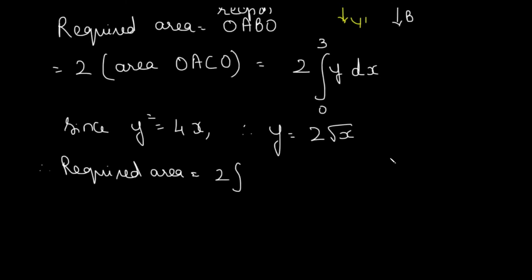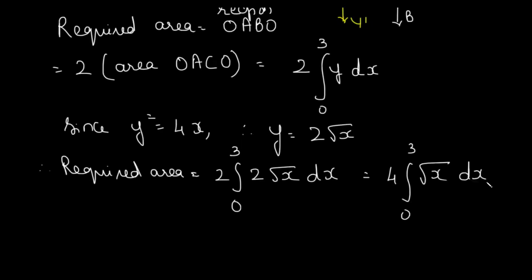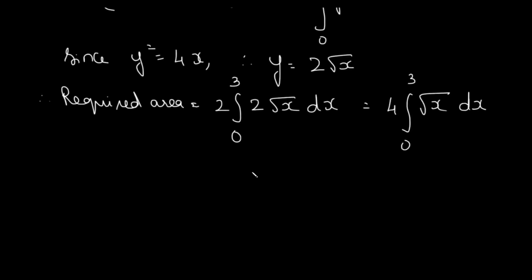So when we write the integration between 0 to 3, instead of y we'll write 2 root x dx. Now that 2 we can take outside. So this becomes 4 integral 0 to 3 root x dx. Now root x means x raised to half. So in this case, it becomes 4 integral 0 to 3 x raised to half.